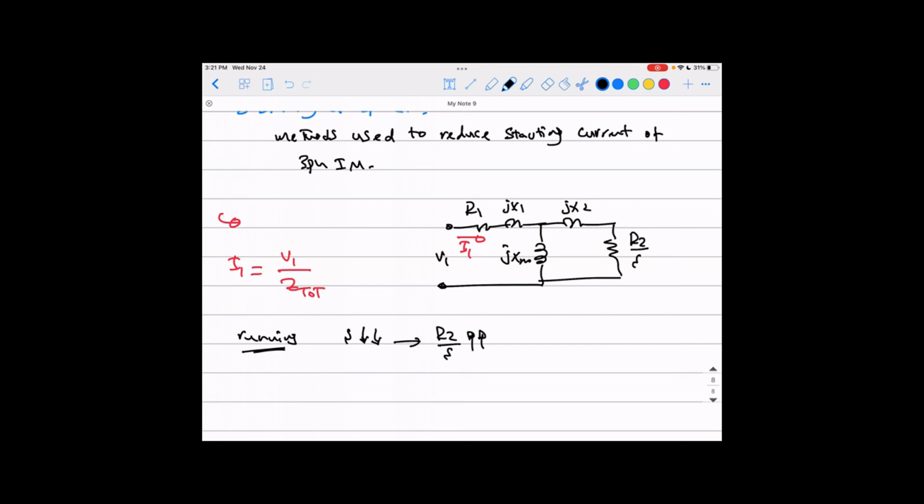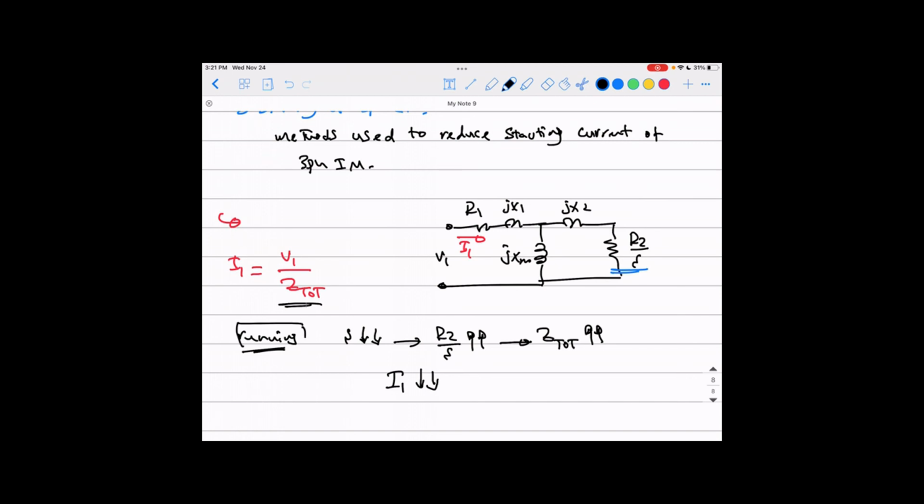Being a very high resistance, that means the total impedance of the machine, Z total, will be high. And if Z total, which is the denominator of calculating the current, is very high, that means the stator current is low. It's just normal current.